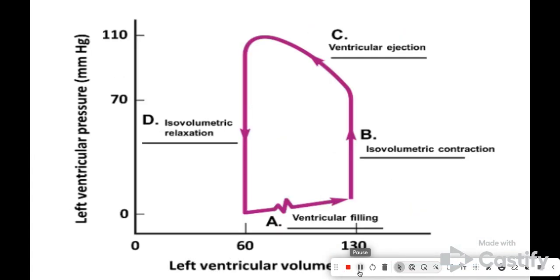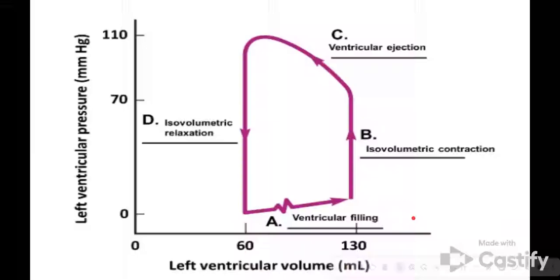Finally, this is another diagram to show the cardiac cycle of blood flow within the heart, where we have stage A being our ventricular filling, a diastole. We have phase B being isovolumetric contraction. Same volume as you can see here, but we are drastically increasing our pressure, as you can see on the y-axis.